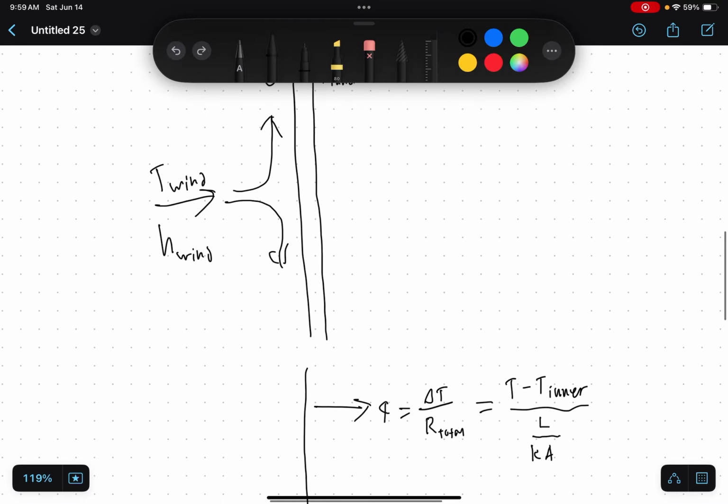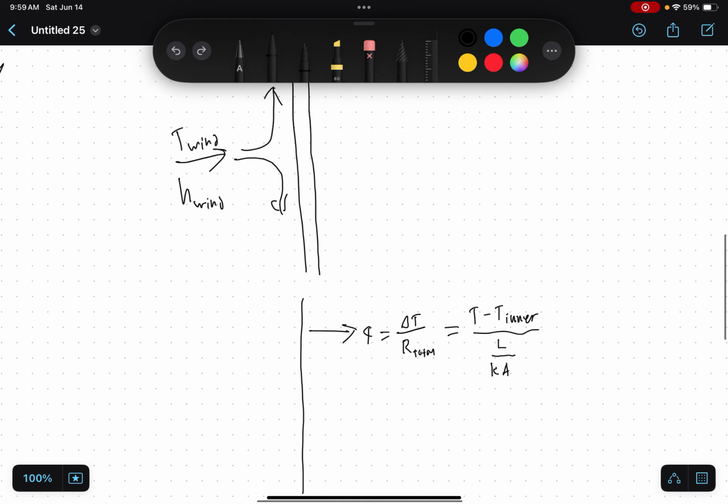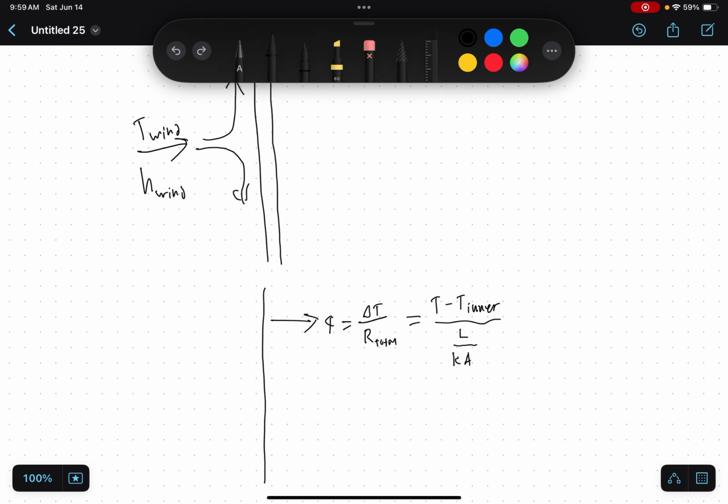And A is the area. For example, we'll draw the window into the page, and that would be the area. We'll see later on, though, that it cancels out, and we solve for heat per unit area.